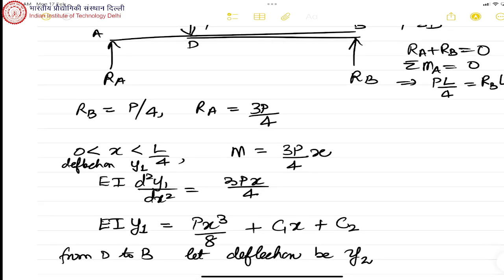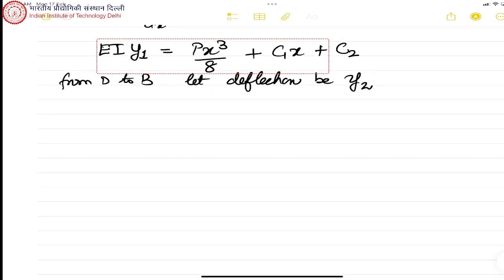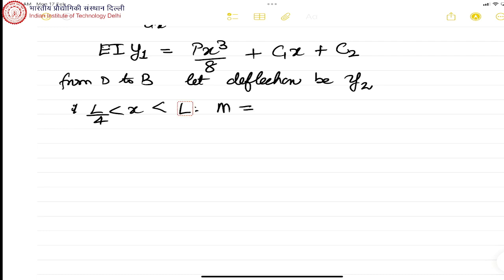Now, from D to B, because from A to D we have the same expression for the bending moment. From D to B, the expression changes. So therefore, the equation for the deflection will also change. And let's call that y2. Now, what is the expression for bending moment?